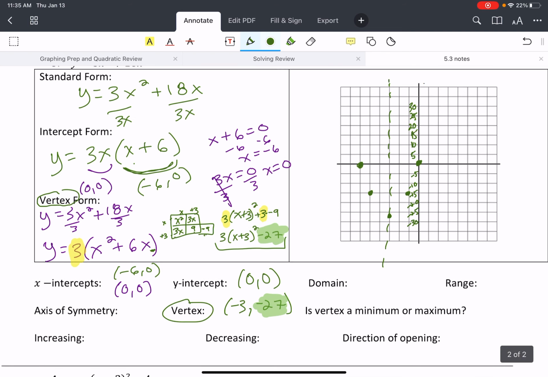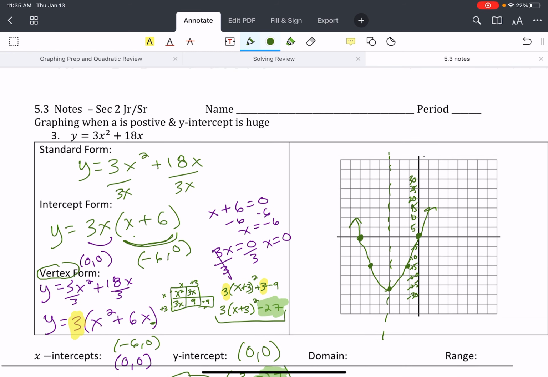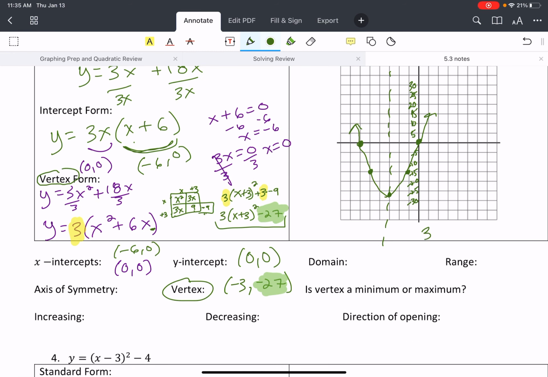Now, if you don't have a graphing calculator, what you have to do to get that other number is you'd have to take the -5 and plug it into your equation. Which you can do, it's just harder. So for those of you without a graphing calculator, you can still do it. What you're doing is you're just picking a random number. So we picked -5.